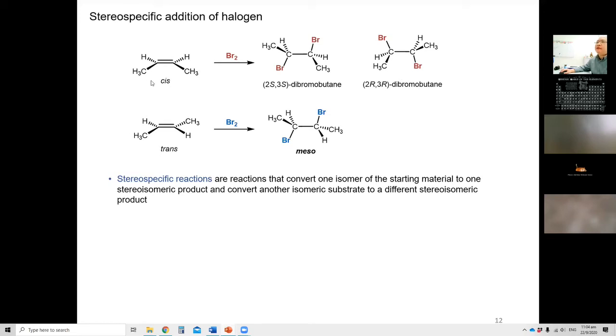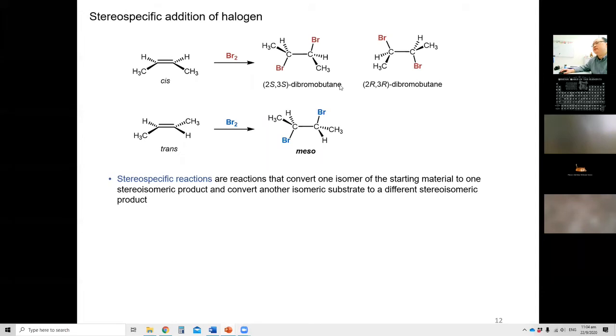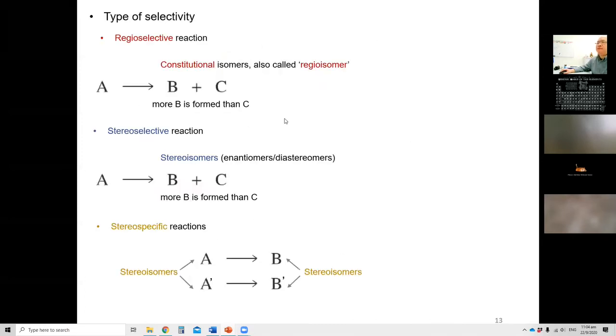So different isomers of the starting material give different stereoisomeric products, okay? So A goes to B, but its stereoisomer A prime goes to B prime. So we say the addition of halogen is stereospecific because of this result.